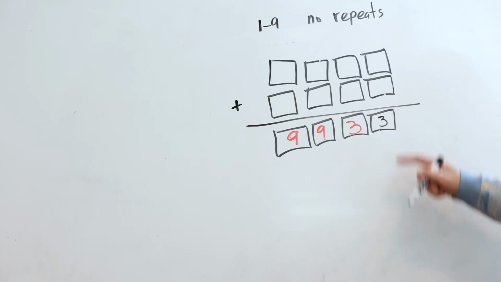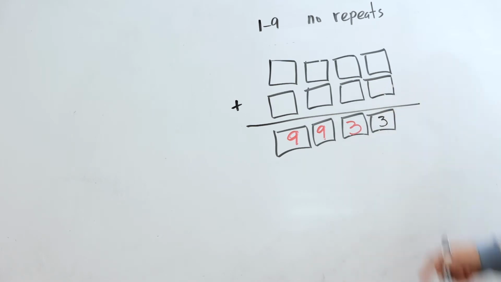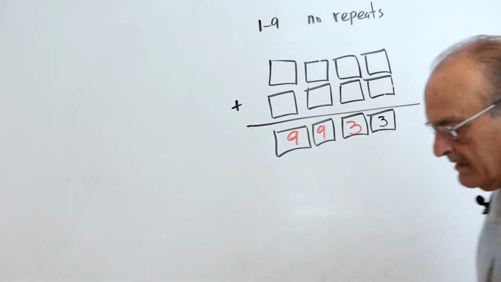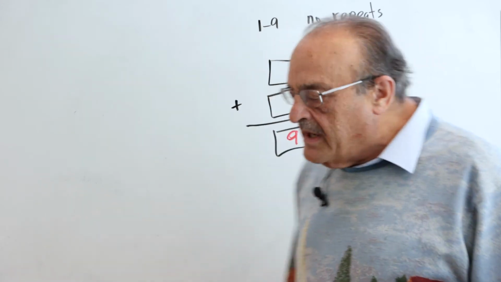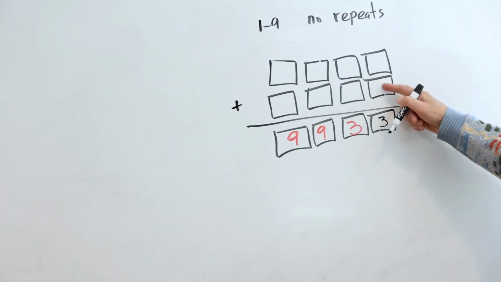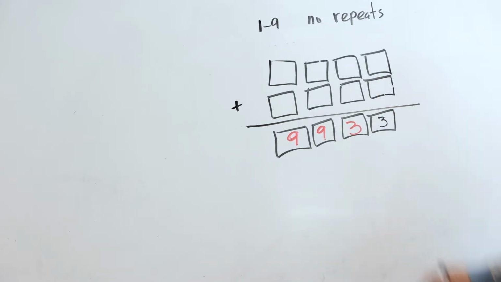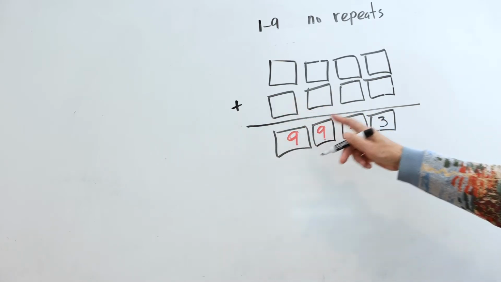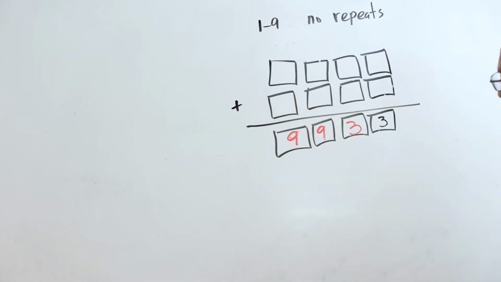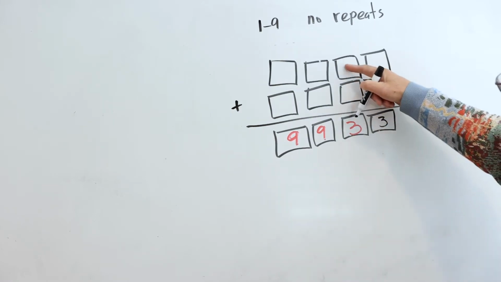I think it's going to be 7, 8, or 9 here. But to eliminate that possibility, let me try 1 or 2. Well, if this is 1 or 2, I would carry 0. And the question is, where could I put my 9? Well, I couldn't put the 9 here or here, so the 9 would have to go here. And then, so if this is 1 and 2, this would be 9 and 4.